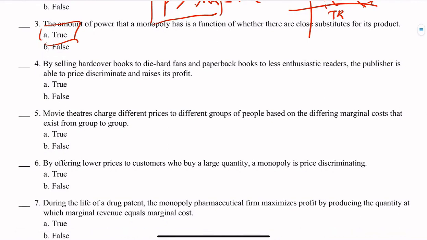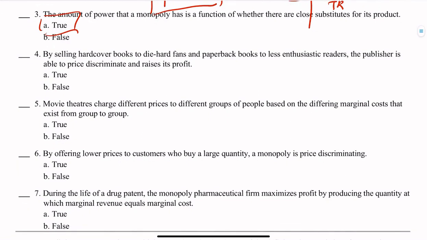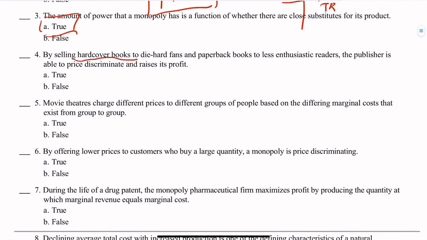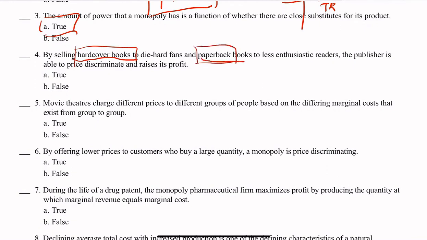By selling hardcover books to die-hard fans and paperback to less enthusiastic readers, the publisher is able to price discriminate and raises its profit. So you can see this is actually true, right? Because we know that hardcover books are always more expensive and paperback cheaper, despite these two types of covers giving you the same kind of content.